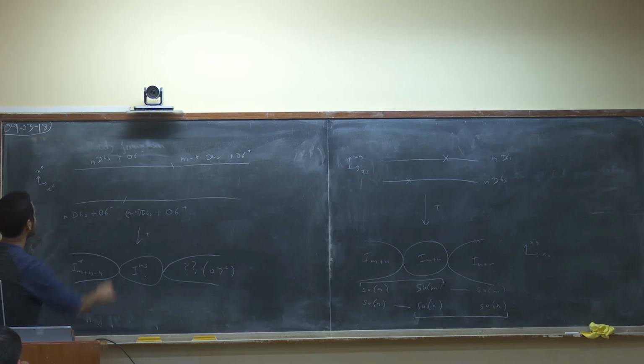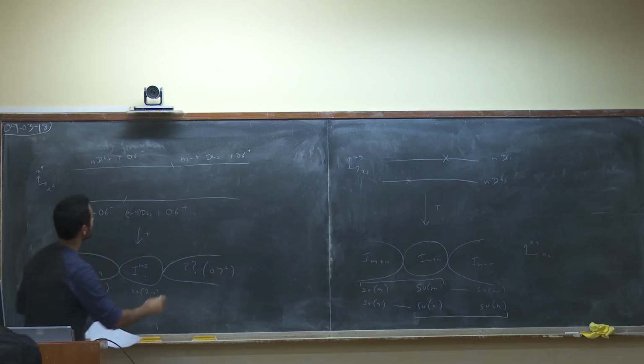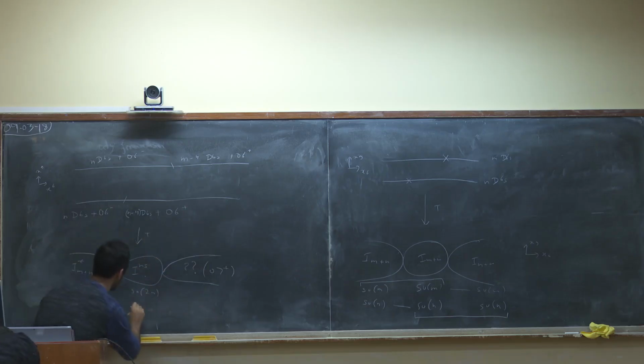Okay. Now we read again from the 6-dimensional picture what is the algebra. Here you will have SO(2m) on both of these curves. Here you will have USp(2n minus 8).